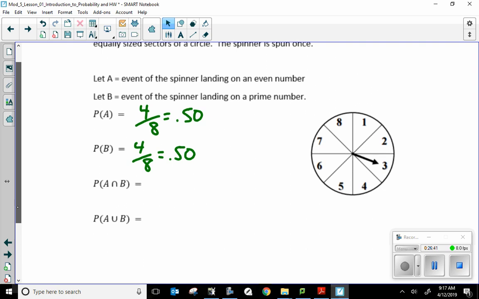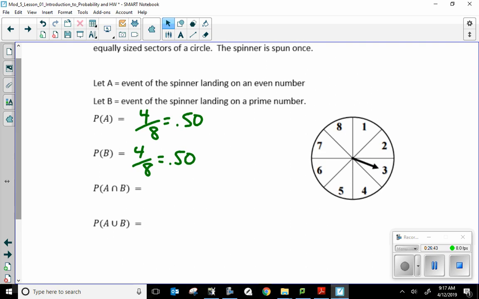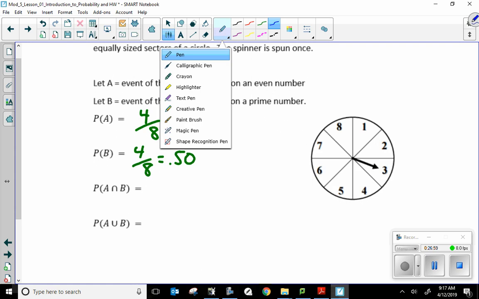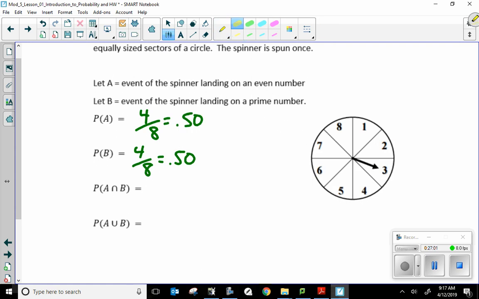All right, so what's the probability of landing on A intersection B? So that's A and B, the probability of A and B. So it's even and it's prime. Well, we can use math, but I can also just figure this out. Let's highlight the even numbers. The even numbers are 2, 4, 6, 8.